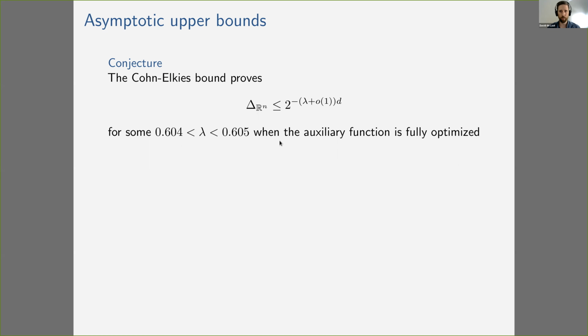This is one conjecture. Another conjecture is that this optimal constant lambda is the following number. Here this might look a little bit silly because we only have a few digits, and this is a symbolic expression. You could think of making up many symbolic expressions that have similar complexity.